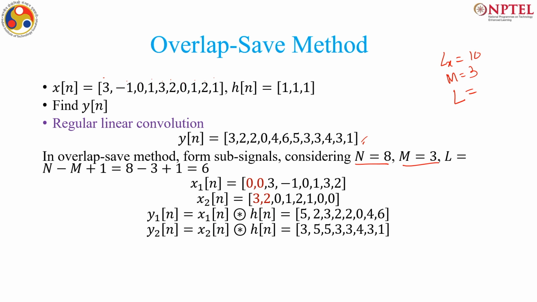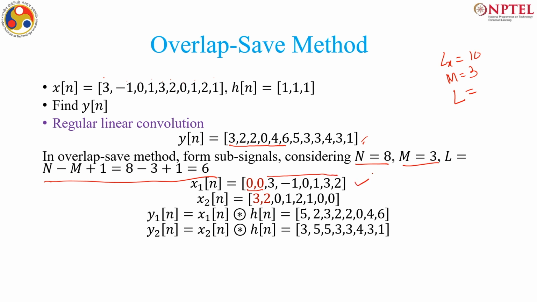So, what will be L? L will be n minus m plus 1, which is 6. What does it mean? We will take 6 values from the signal and then m minus 1, which is 2. So, 2 zeros, or 2 values from the previous block, and 6 values from the signal.